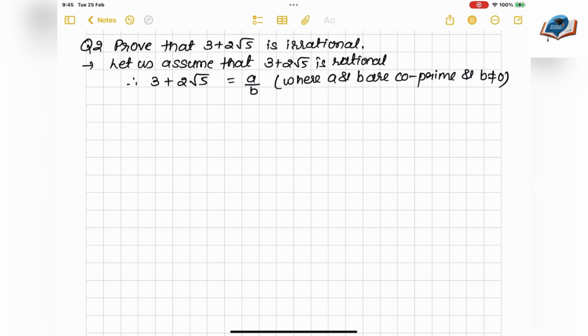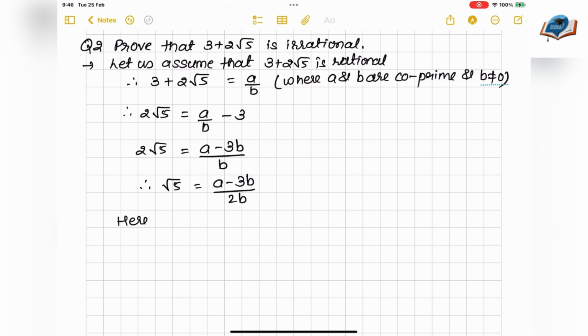Therefore, 2 root 5 equal to A upon B minus 3. So 2 root 5 equal to A minus 3B upon B. Therefore, root 5 equal to A minus 3B upon 2B.